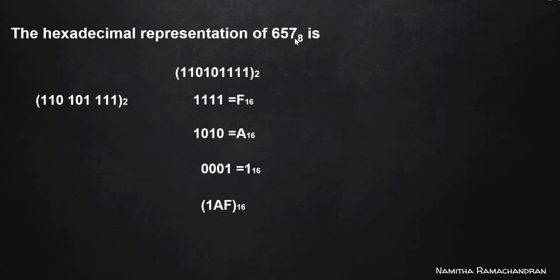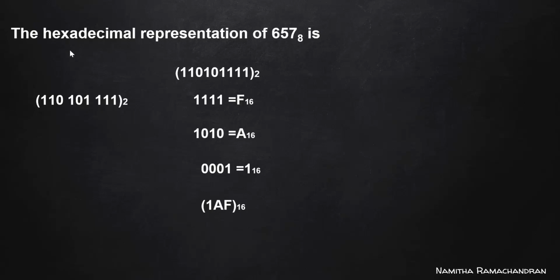So using a 3-bit combination, we can write its binary equivalent. 7 is represented using 3 bits as 111, 5 is represented as 101, and 6 as 110. Now we have the binary equivalent of this base 8 number 657.